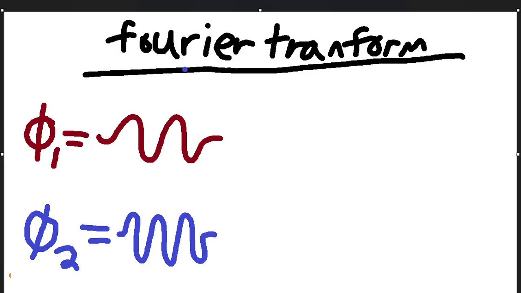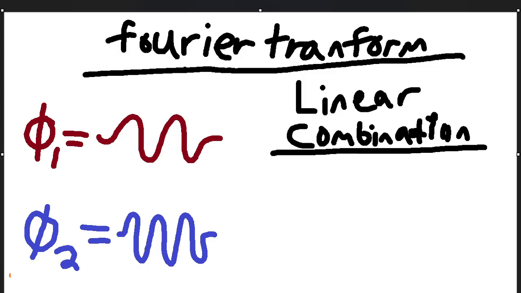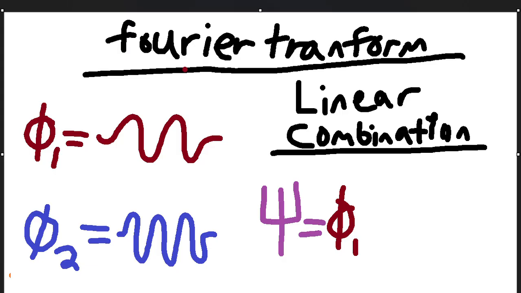Well, we can take something called a linear combination, and this will come up later when I go into linear algebra inside of quantum mechanics. But if we have a wave like psi, it can be equal to phi 1 plus phi 2.